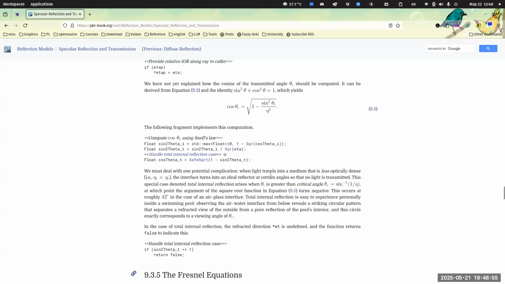This arises when theta is greater than the critical angle, in which case the square root in this function just becomes negative, so we just don't have a solution.